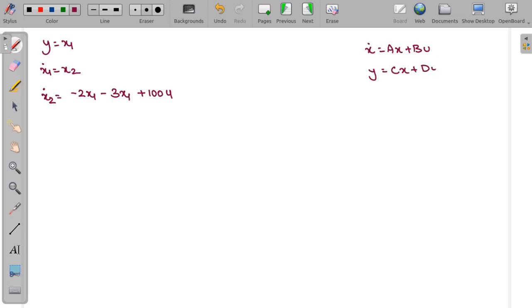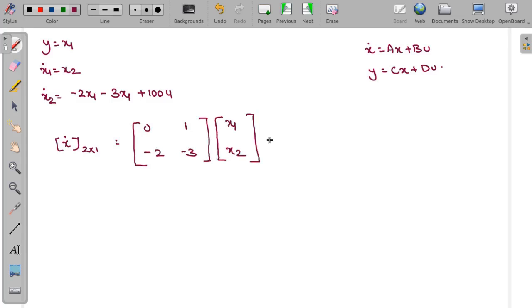So you can write it as x dot, which will be 2 cross 1 as there are two states, is equal to the matrix 0 1, minus 2 minus 3, times x1 x2, plus 0 100 times u.